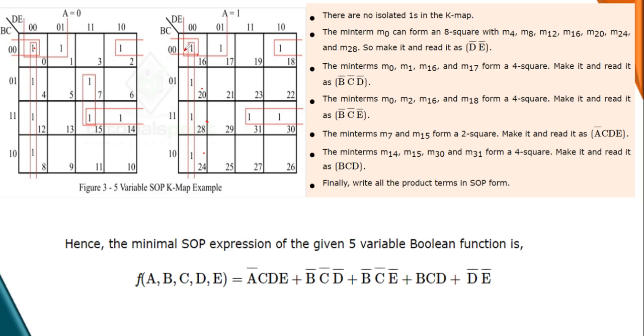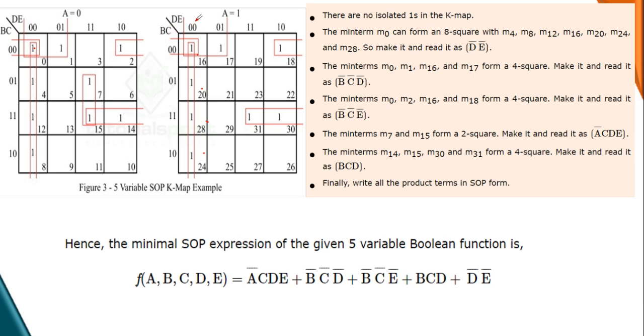By forming an octet, it eliminates the different variables and gives you the product term of the common variables. A is 0 for the first layer and A is 1 for the second layer, so the A value is different and it is eliminated. For B and C, these 4 minterms and these 4 minterms are different, so B and C are also eliminated from the product term.